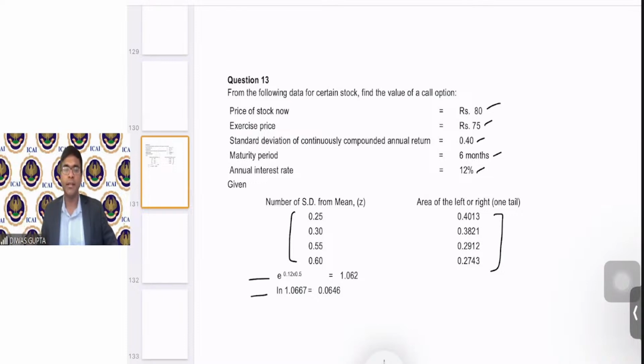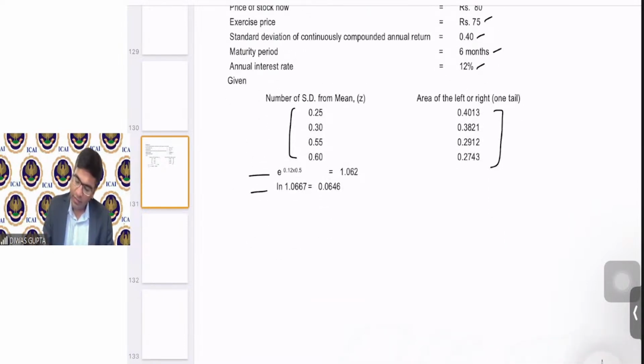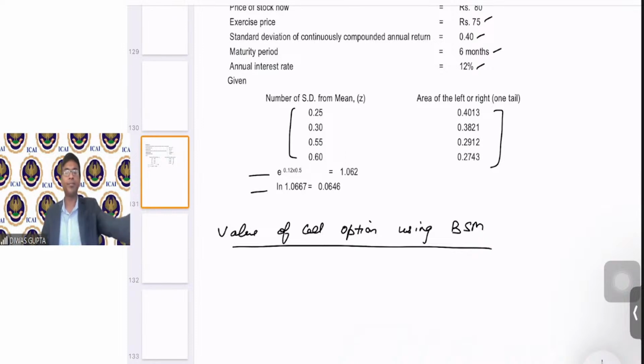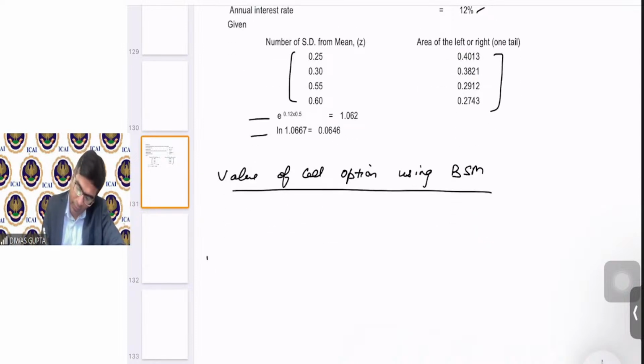We have to arrive at the value of the call option using the Black-Scholes model. First of all, let us write the equation, students.